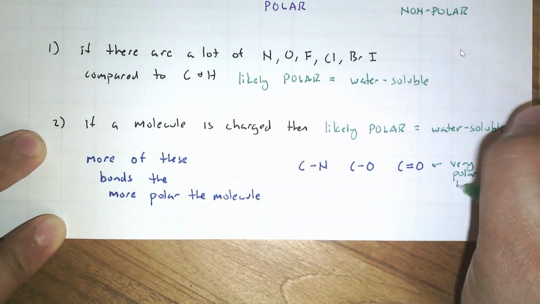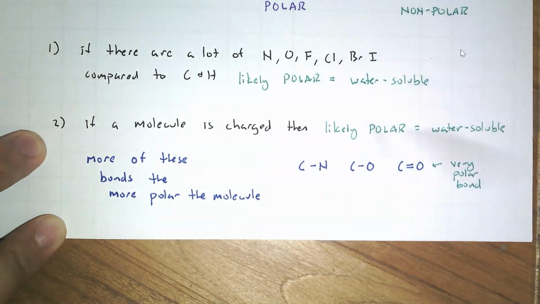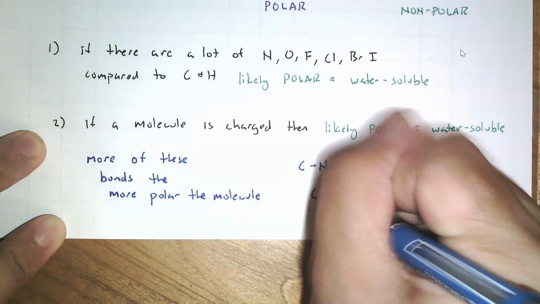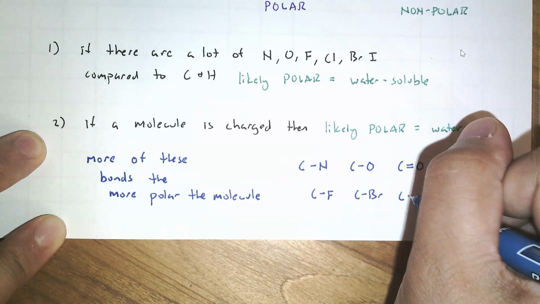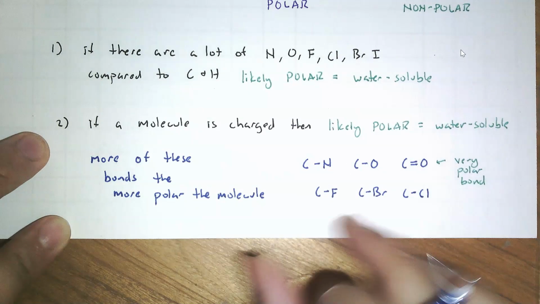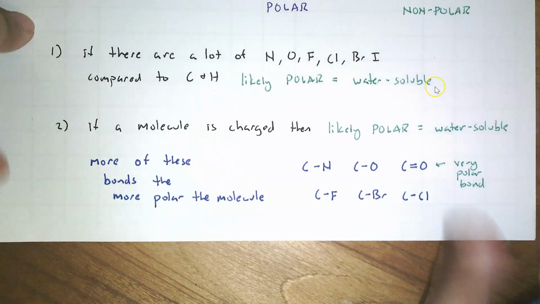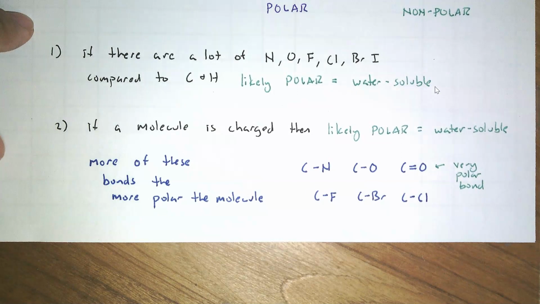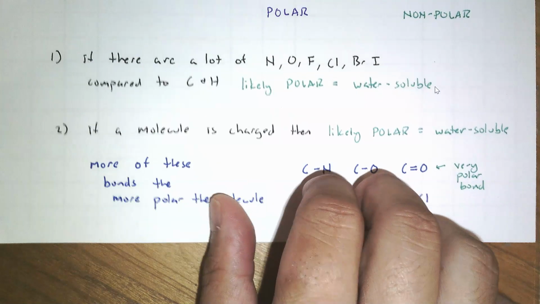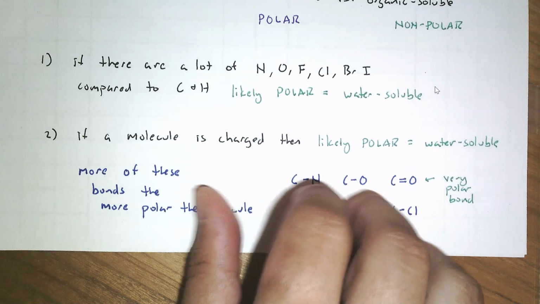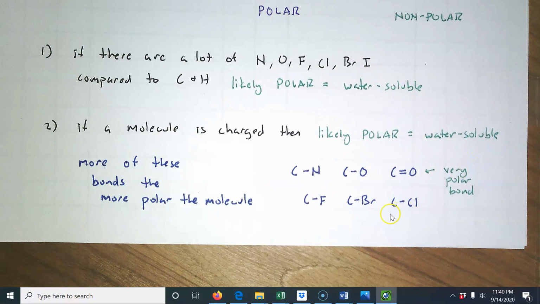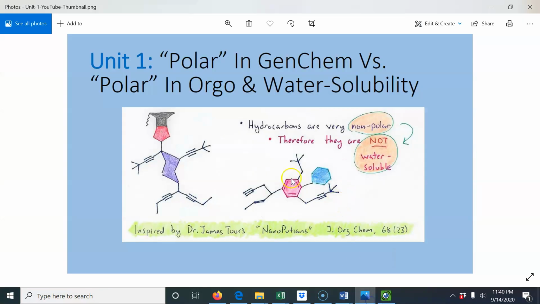And then also you have your halogens, C-F, C-Br, C-Cl. Okay. If you have a lot of those types of bonds in your molecule, then it is likely that your molecule is polar. But if there's a lot of carbon-hydrogen bonds and only carbon-hydrogen bonds, or only carbon-carbon bonds, then your molecule is nonpolar and likely insoluble. And we have that case again with these, am I saying that right? Anthropomorphic molecules. Okay.